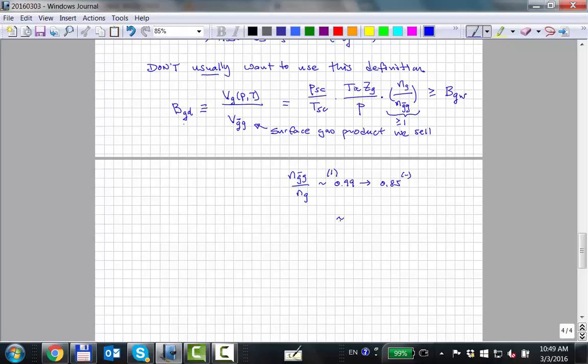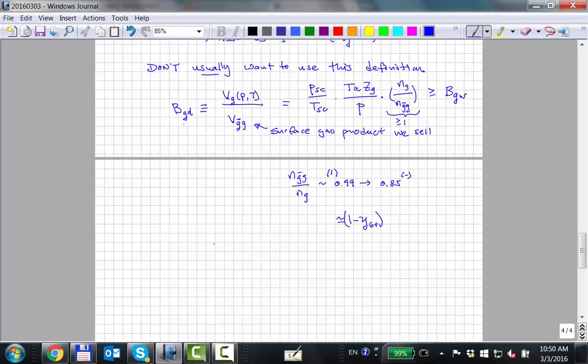This can basically be estimated if you just look at your molar composition of your gas. If you just take that number there, that's approximately this number here. So if you've got 6 mole percent C6 plus, that's 6% error or difference, 0.94.